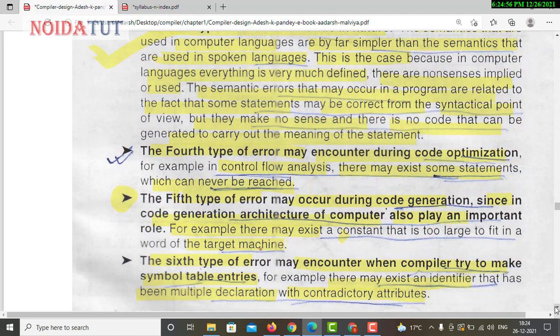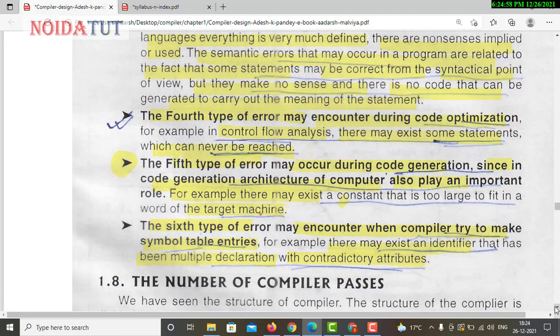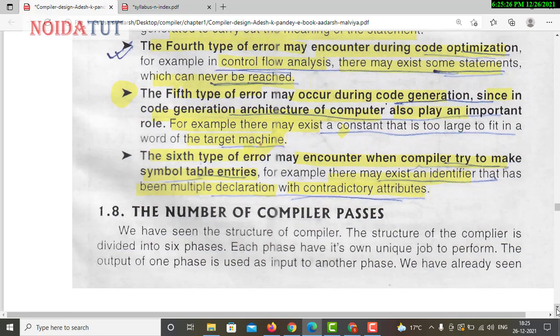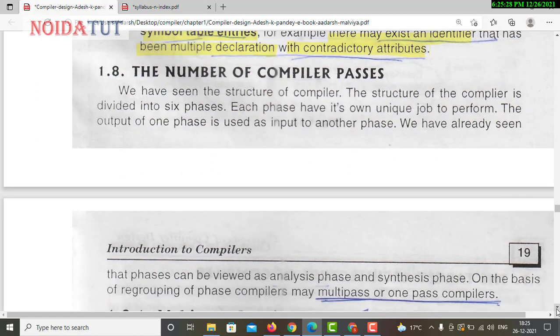Now the fourth type of error occurs during optimization, that means some code which can never be reached. The fifth type of error occurs during code generation, that means a variable or an application is too large to fit in the machine. And the sixth type of error comes across when communicating with the compiler symbol table entries. Fine.